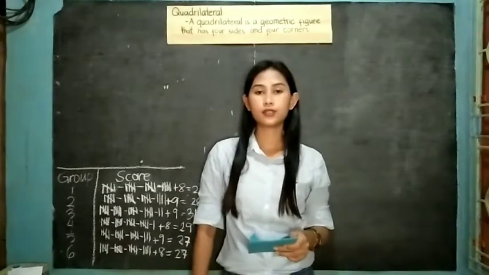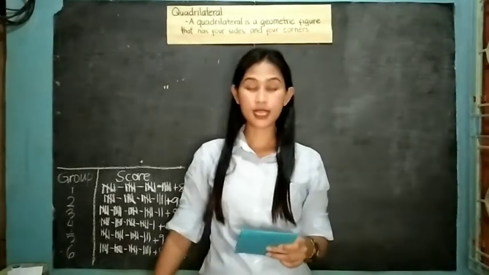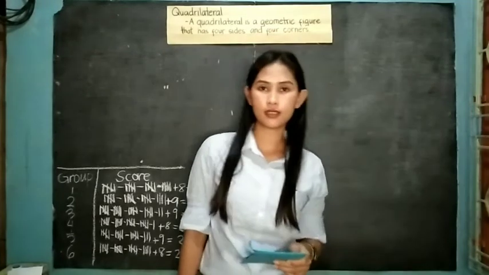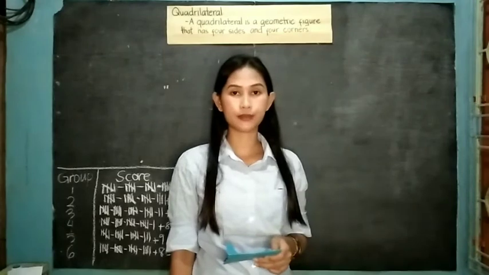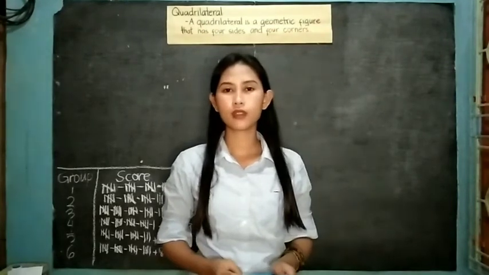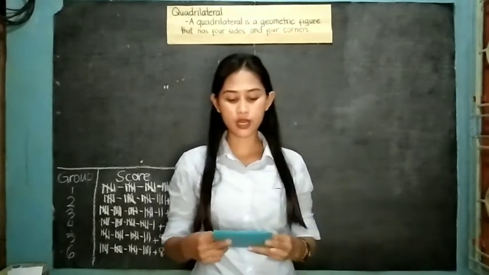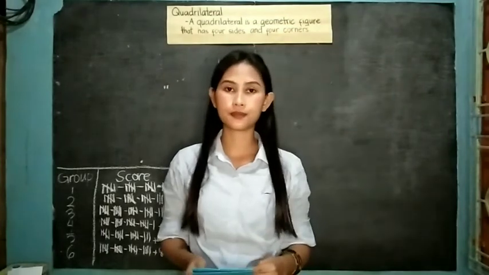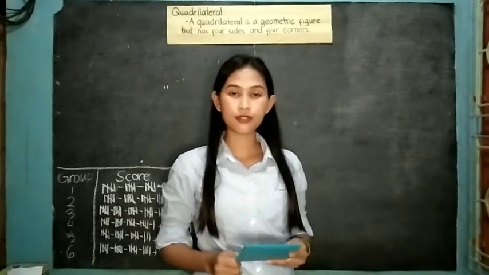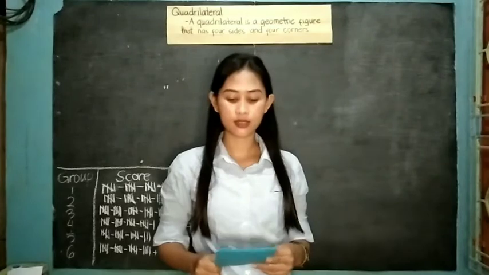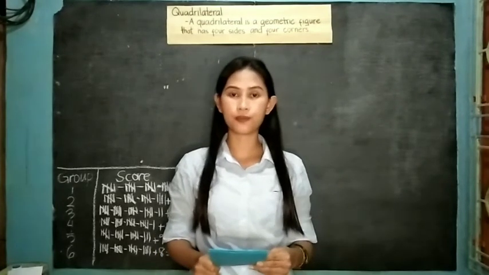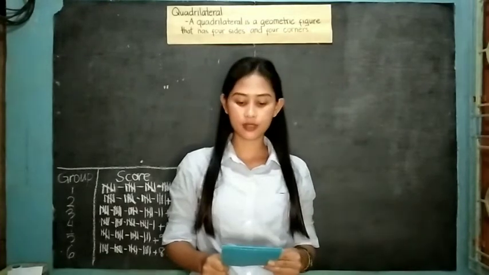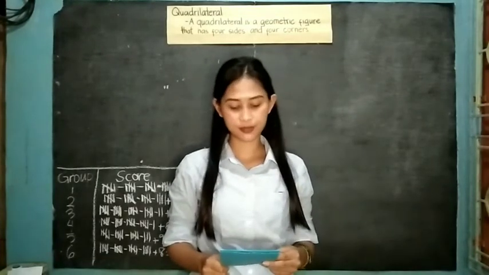Number 2, kite. Number 3, trapezoid. Number 4, rectangle. Number 5, square. Number 6, parallelogram. Number 7, rhombus.